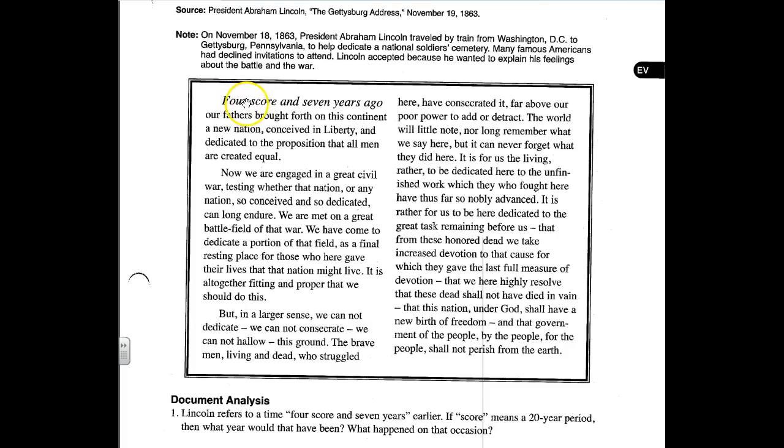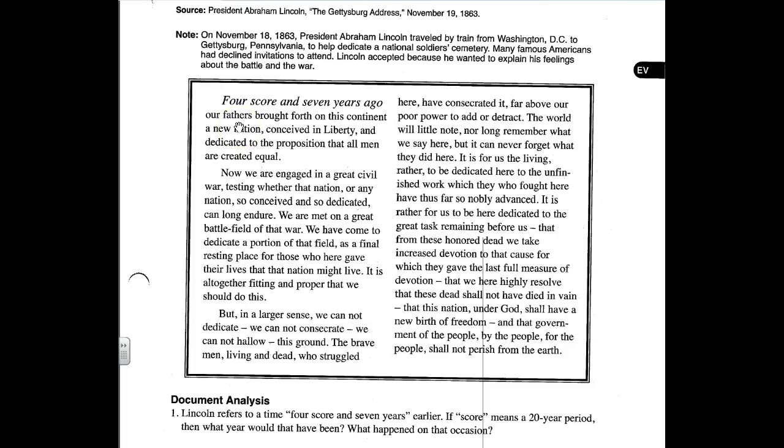So four score is four 20-year terms, plus seven, so it's actually 87 years ago from the time that he wrote this and gave this momentous address. When you're answering the questions here, question 1 is going to ask specifically about this. You're going to have to do a little math here to determine what "four score and seven years ago" is actually referring to.